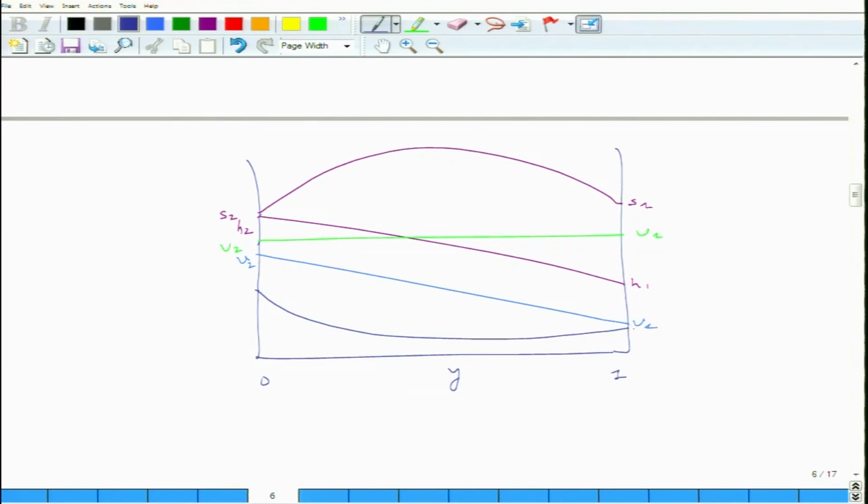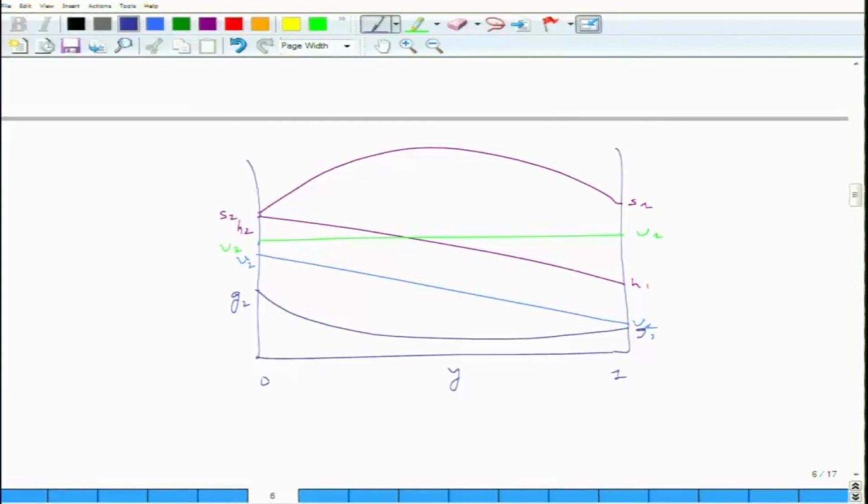Okay, G1, G2. So, somewhere it is showing a minimum also for G. Okay, so this is a schematic of how this behaves as a function of y for a simple ideal gas mixture, for a binary component. Okay, so with this we will stop here. We will continue this exercise in the next lecture.